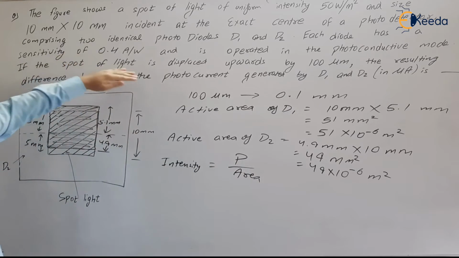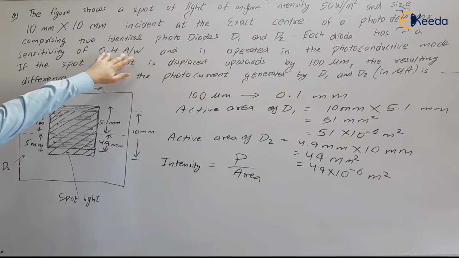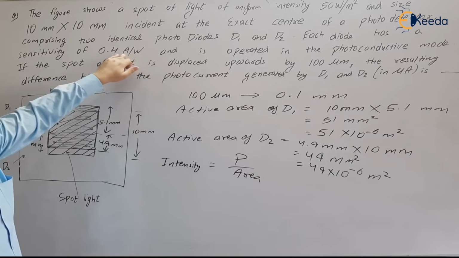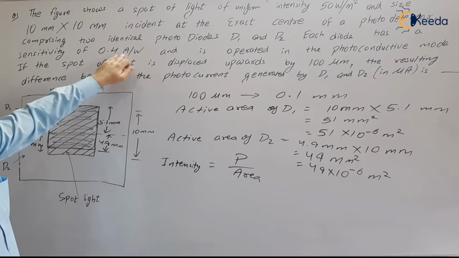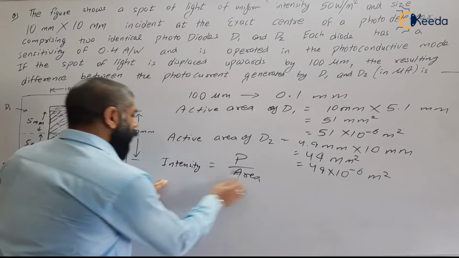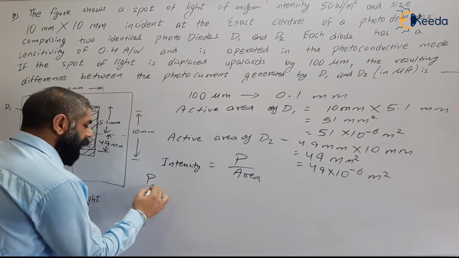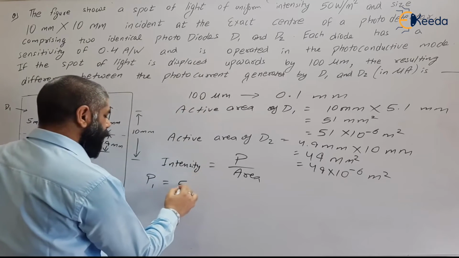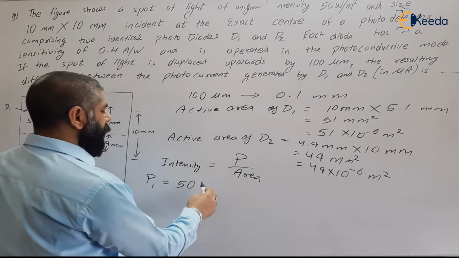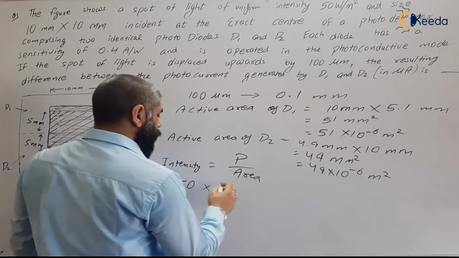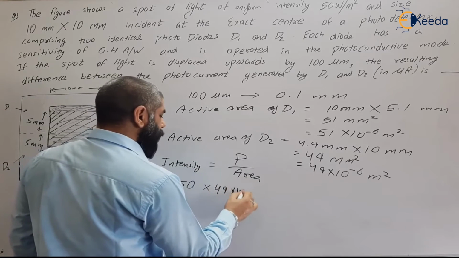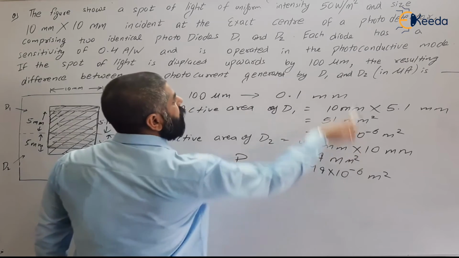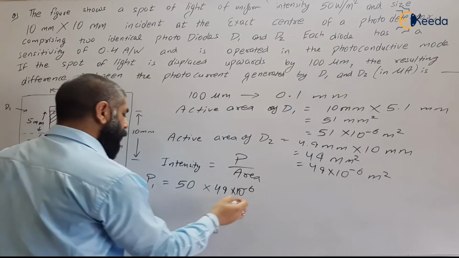And using the same formula in sensitivity, sensitivity is the current divided by power, so we can calculate the current. So what is the power? For 1, intensity is 50 watt per meter square into area in meter square. So P1 is 50 into 51 into 10 raised to minus 6. Because this is in meter square, the power will be in watt.